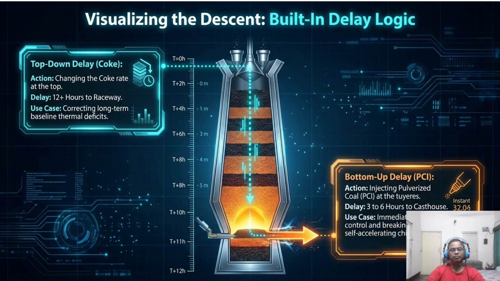On the right is the bottom-up path. By injecting pulverized coal at the tuyeres, we get a much faster response. The delay to cast house is only 3 to 6 hours. This is our tool for immediate thermal control and breaking that chill cycle we just talked about. Now let's zoom in on the most important tool in our proactive toolkit, the eta metric.